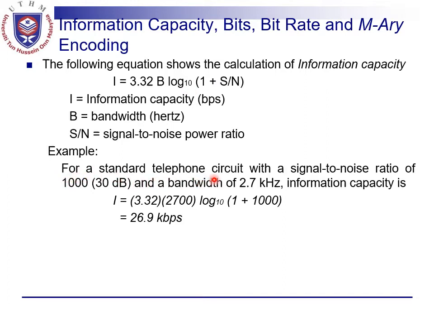For a standard telephone circuit with a signal to noise ratio of 1000 or 30 dB and a bandwidth of 2.7 kHz, the information capacity is, so we plug in the values from this example into this formula. Please bear in mind that SNR here needs to use the unitless value, not the 30 dB but 1000.